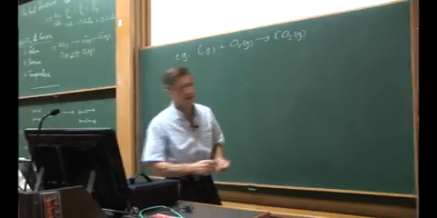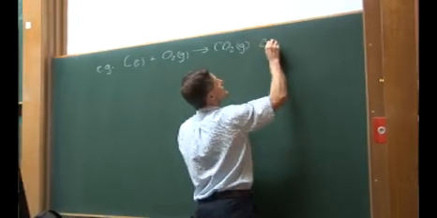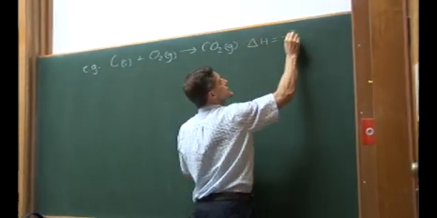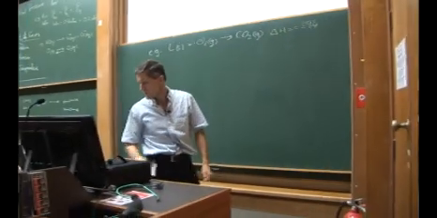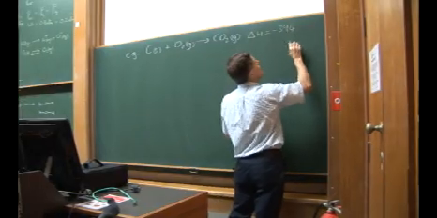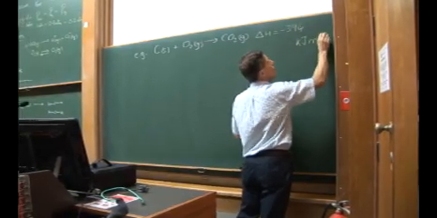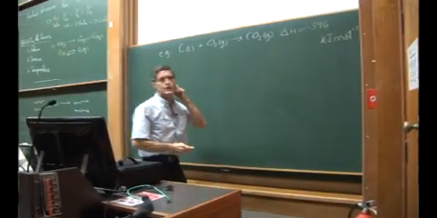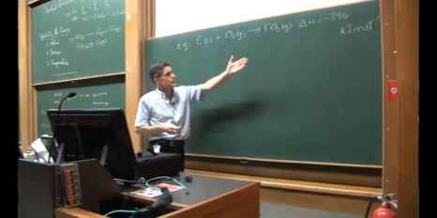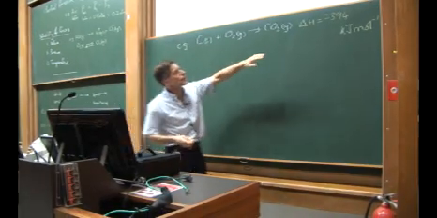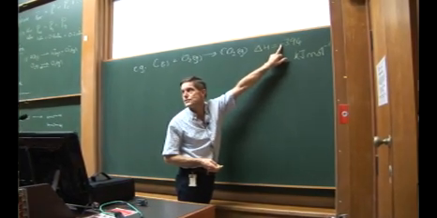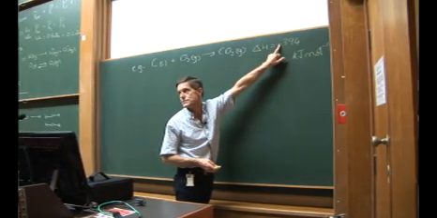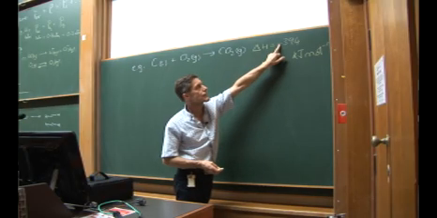And what I find is that delta H is minus 394 kilojoules per mole. Now, we're not so concerned with the actual value. What I want to point out is a negative sign there is our convention for saying energy is given out in this reaction.